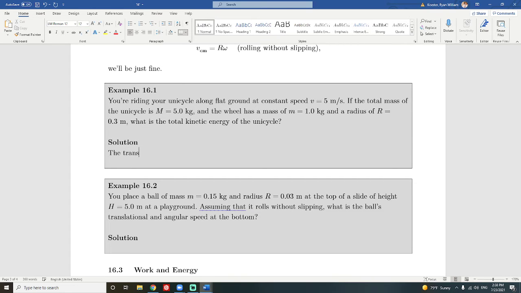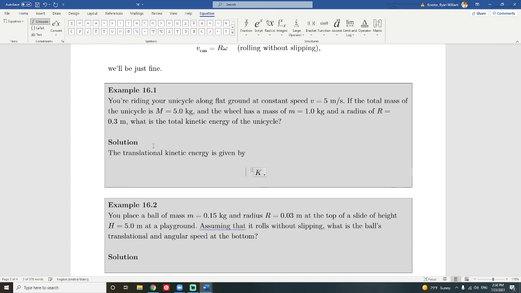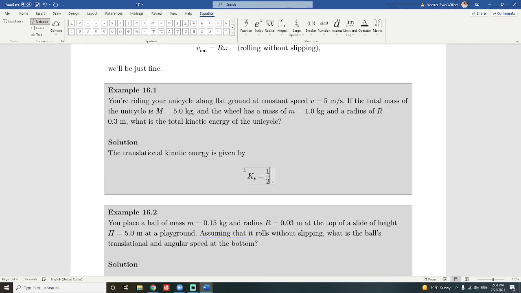So the translational kinetic energy is given by, and we'll call this K sub T as our convention dictates, and it's just going to be 1/2 times the total mass, right? Because remember, if the frame of the unicycle is translating at 5 meters per second, then so is the center of mass of the wheel, right?